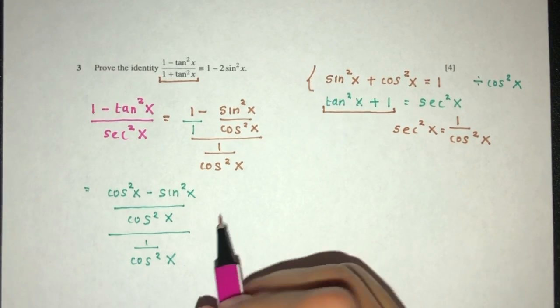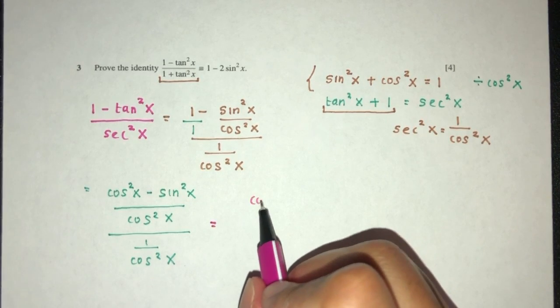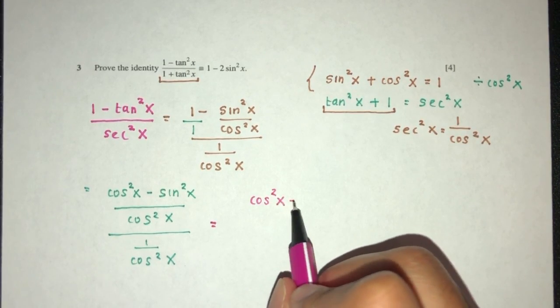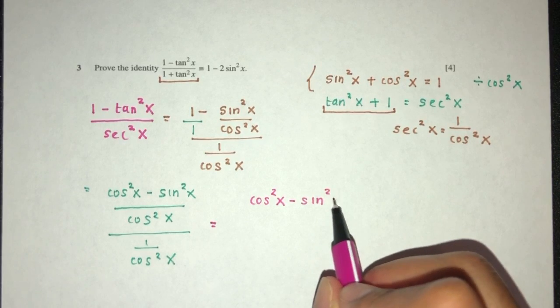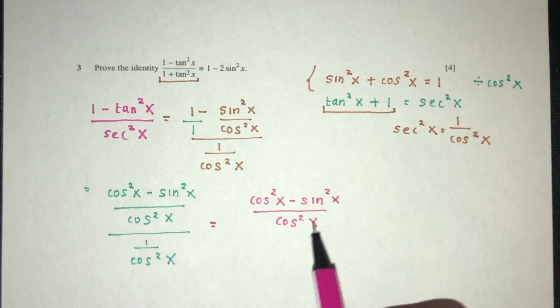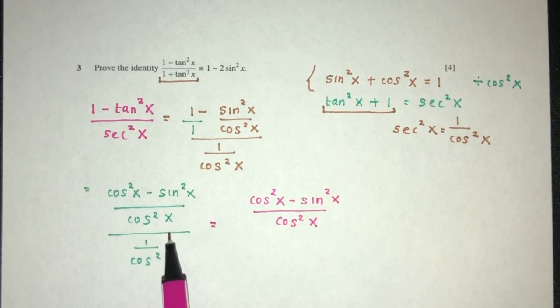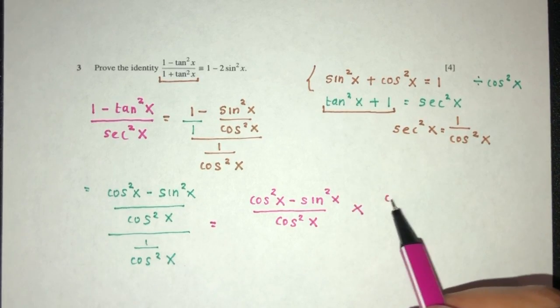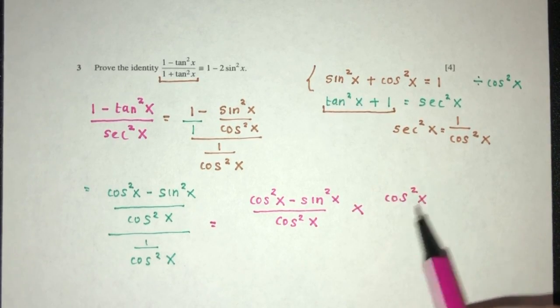Now step by step we can simplify this pretty easily. On top you will have cos square x minus sin square x, and here we have cos square x. Now when you divide by something, we can change divide to multiply, and then we just have to flip this upside down. You will have cos square x over 1.